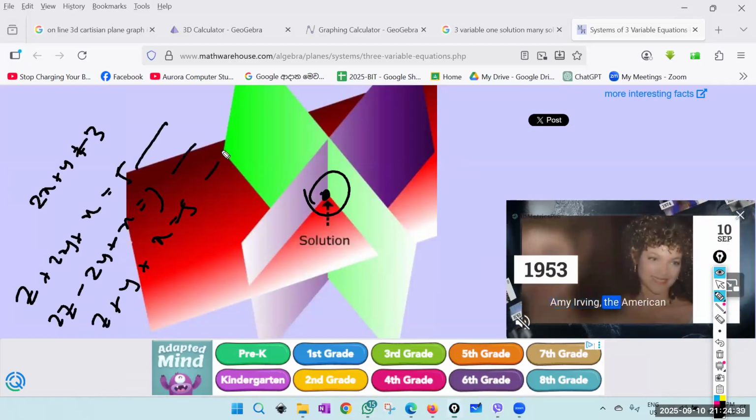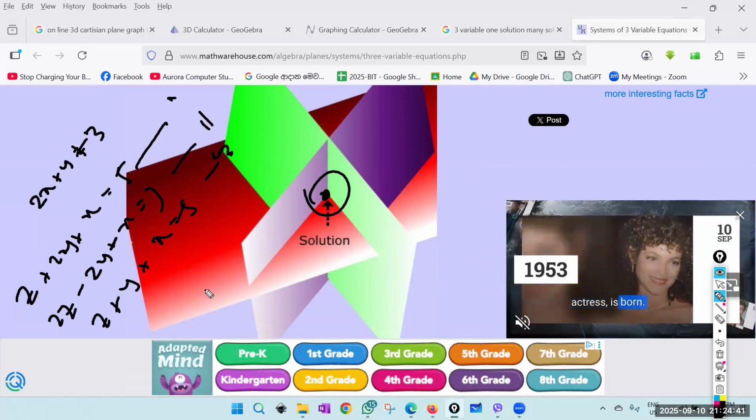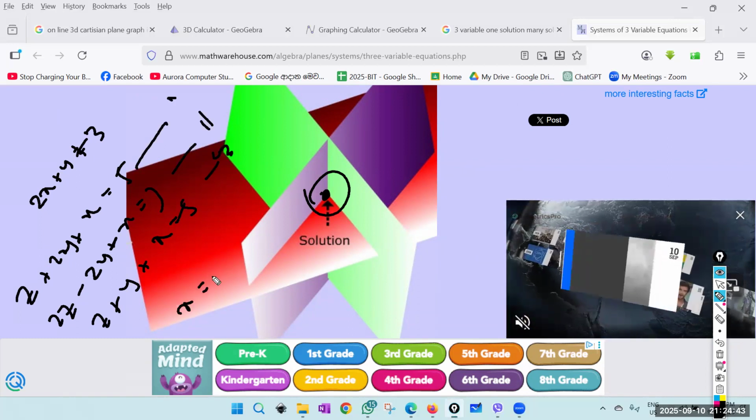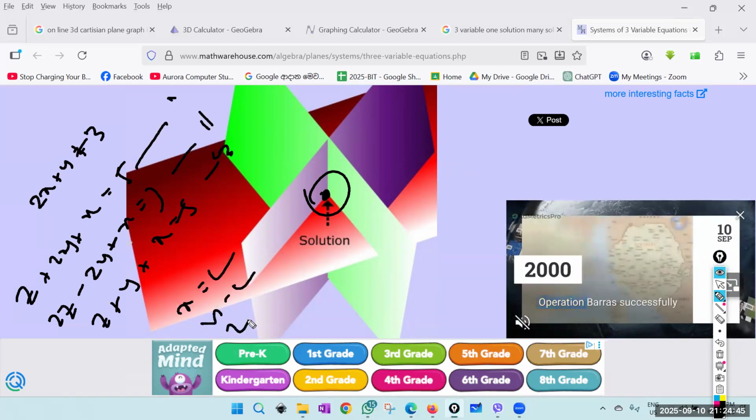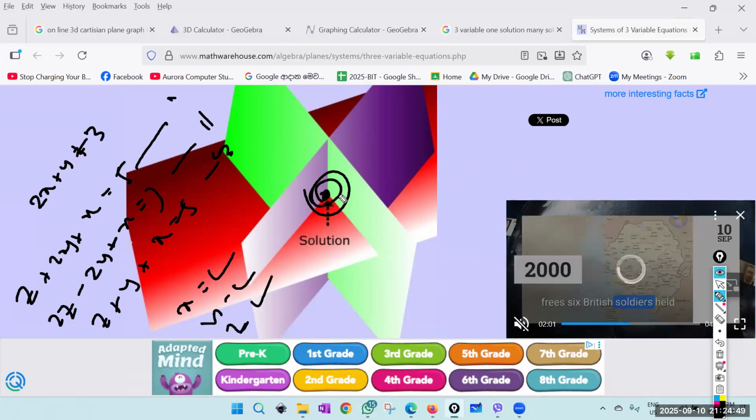Then when you simultaneously solve this, you get just one answer saying x equal this, y equal this, z equal this. So this kind of situation, we say that we have one solution or unique solution. That means you just get x, y, z values.